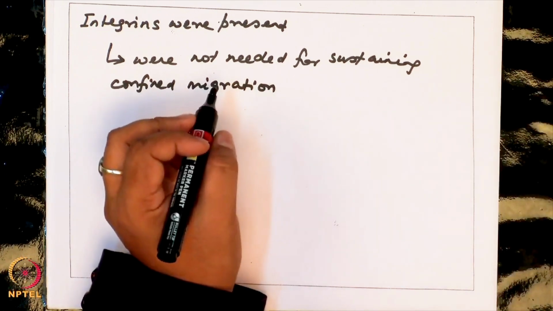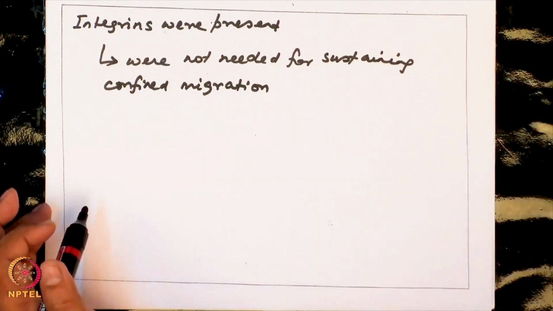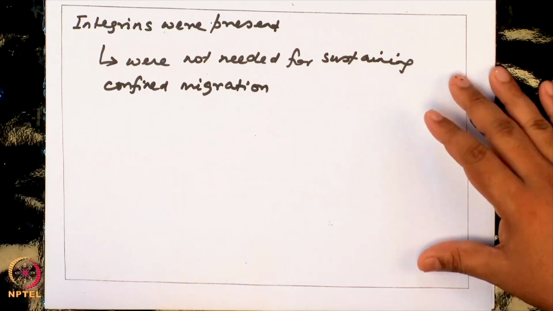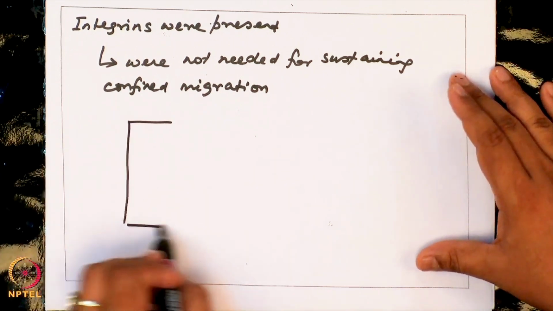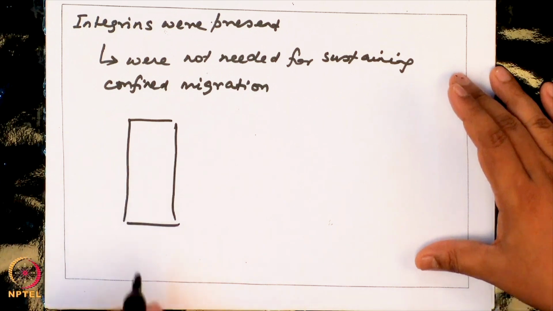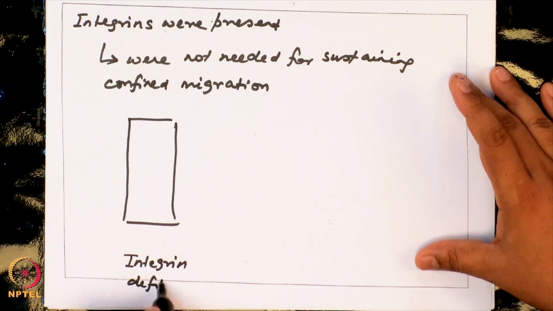This can be tracked once again by tracking the retrograde flow. And to their surprise, if I draw a kymograph, this is a kymograph in an integrin deficient cell.